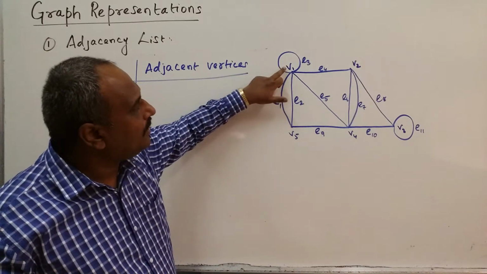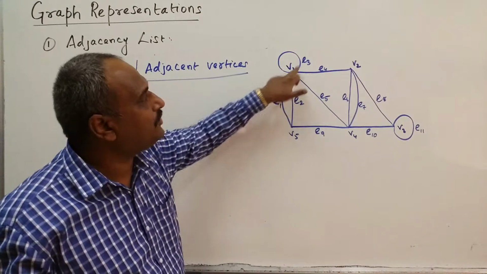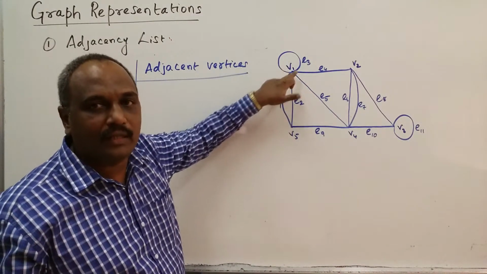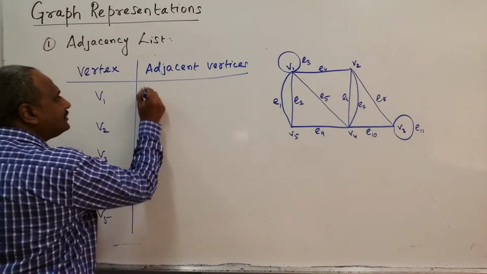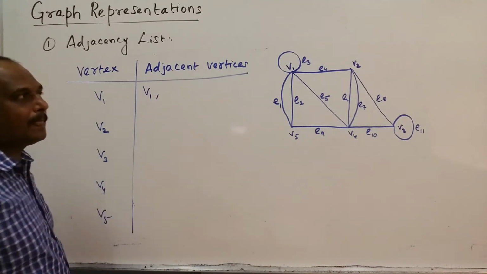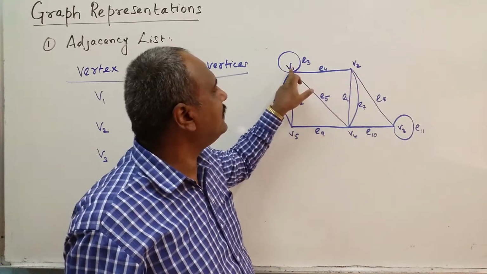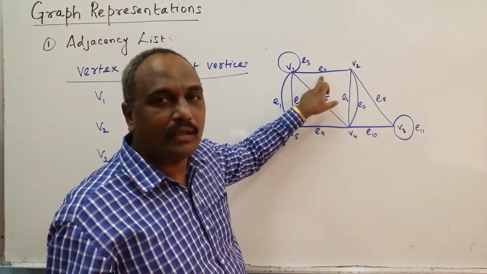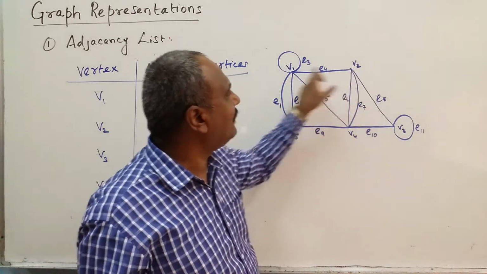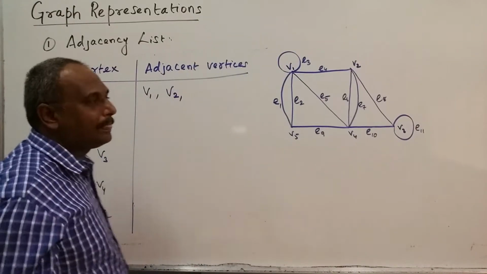I am going to take V1. V1 is adjacent to itself because there is an edge for it, isn't it? V1 is having a loop. That means V1 is adjacent to V1. I am going to take V2. Yes, there is a link between V1 and V2 using an edge E4. So V2 is adjacent.